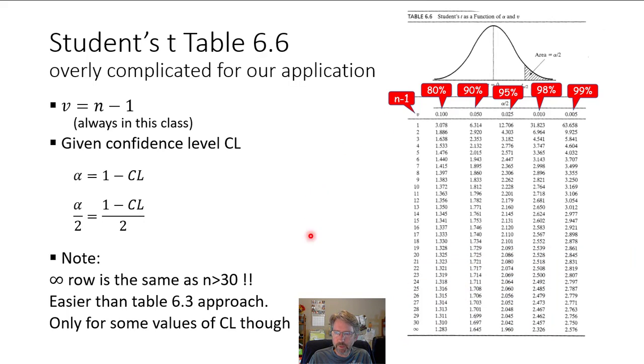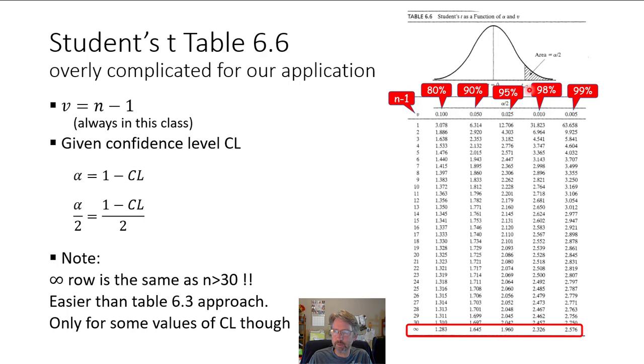The last useful thing to know is that down here we've got an infinity. This is n minus 1, the v, and so when v goes to infinity, it goes back to the Gaussian, the normal distribution. Remember in the last example we found that z alpha over 2 was 1.96 for 95% confidence, and so this would give it to us in a quicker way.